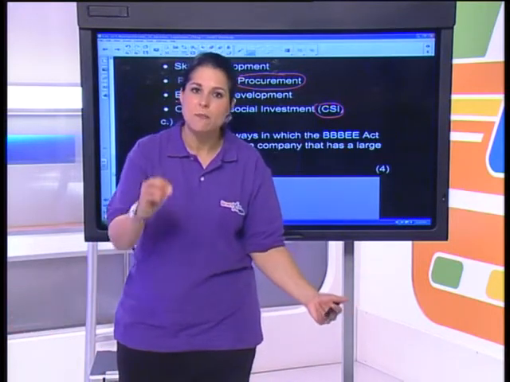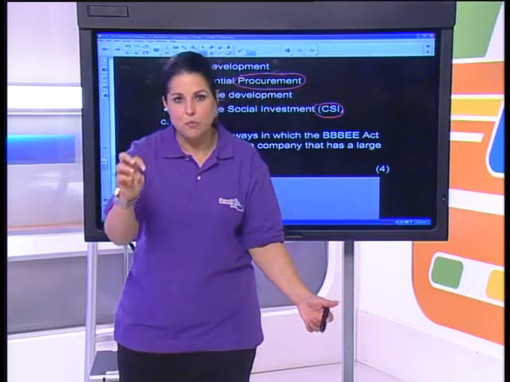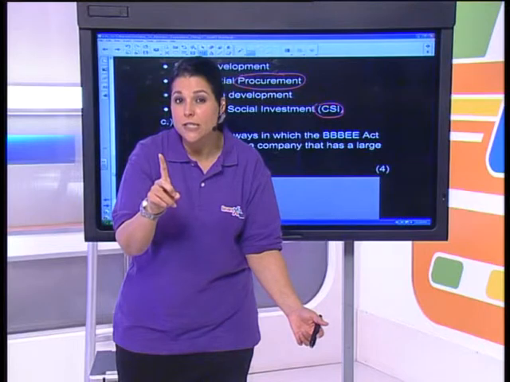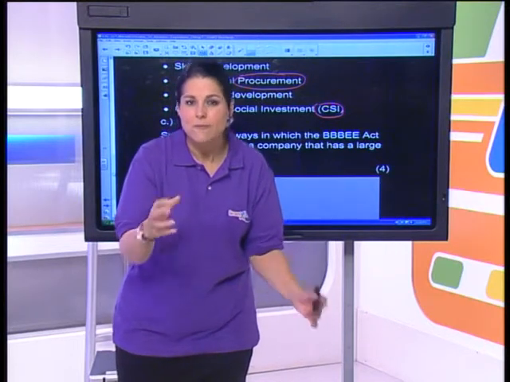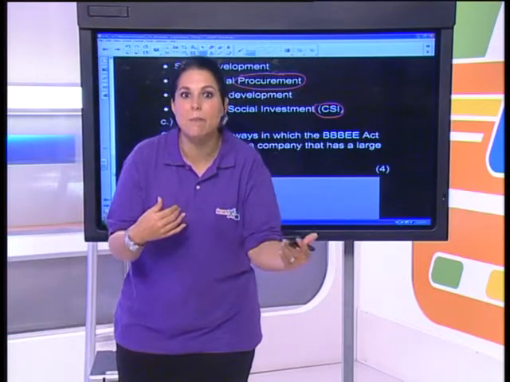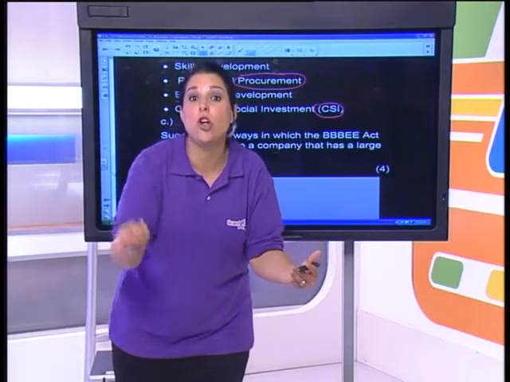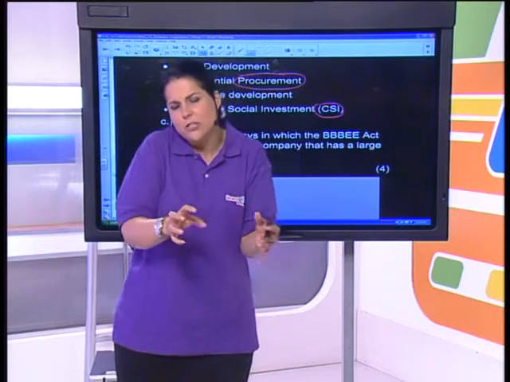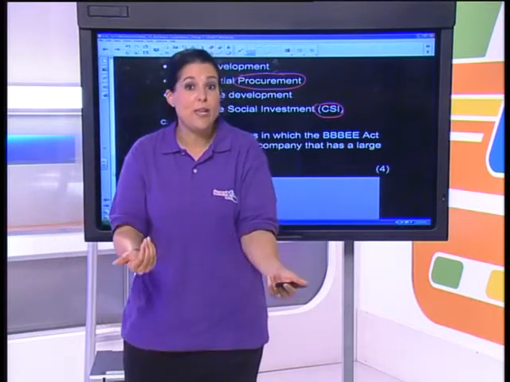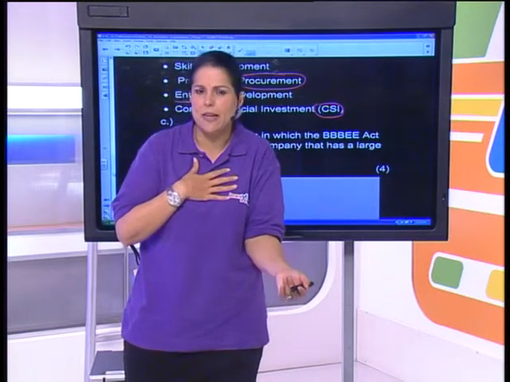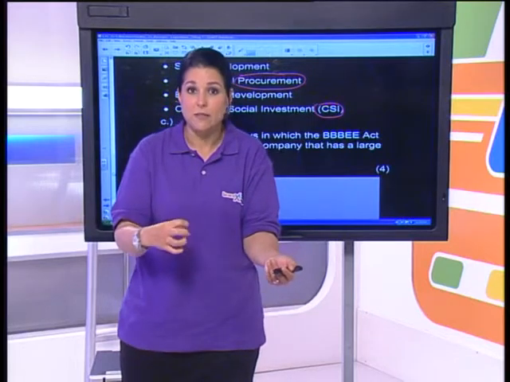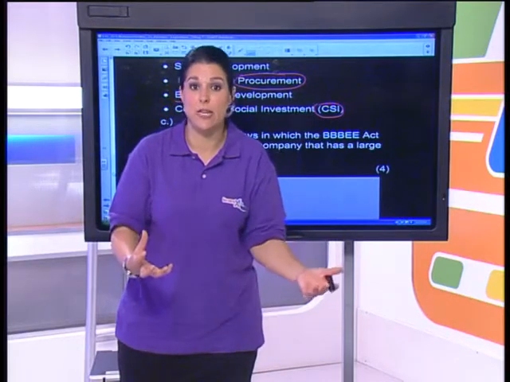They must protect and promote the interest of stakeholders. I didn't say shareholders. What is a stakeholder? A stakeholder is anyone that has an interest in the company. It could be a shareholder. A stakeholder can also be the employees, because I am affected by the company that I work for. Consumers are affected by the company, so they can be stakeholders.